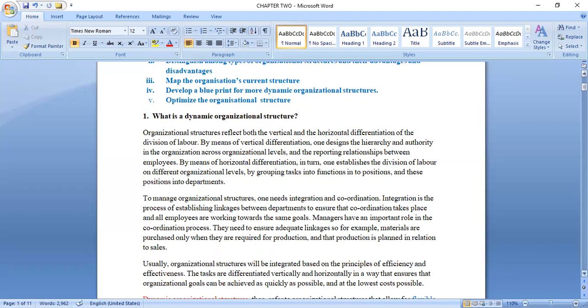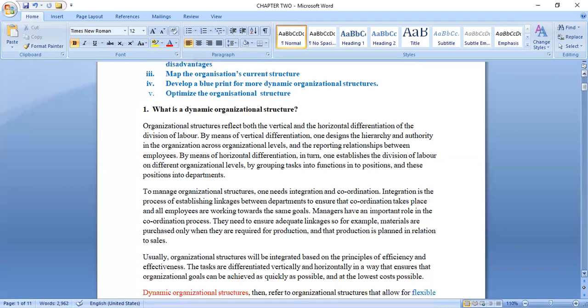So these organization structures, depending on the way they are categorized, at the end of the day, the essence of these organization structures is to achieve division of labor. And dynamic means flexible. So they are basically organization structures that are flexible to allow for division of labor, right?